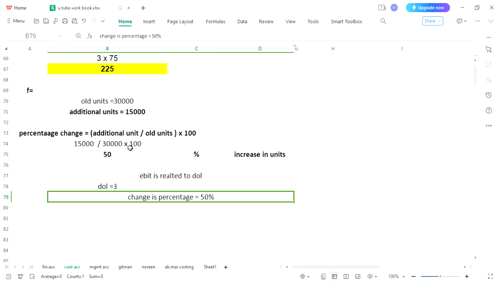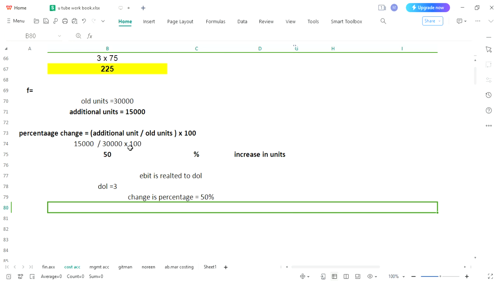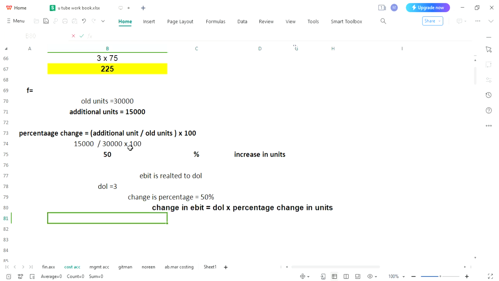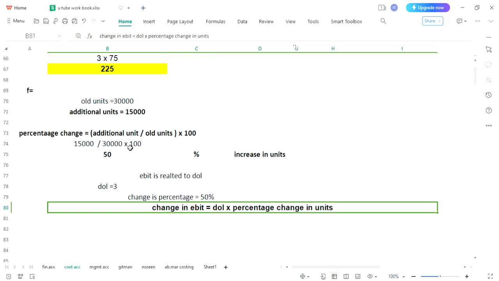So simply to calculate your change in EBIT, it would equal degree of operating leverage multiplied by percentage change in units. So how simple is this? Without making a new income statement, you can calculate your change in EBIT, or total EBIT would also be calculated.